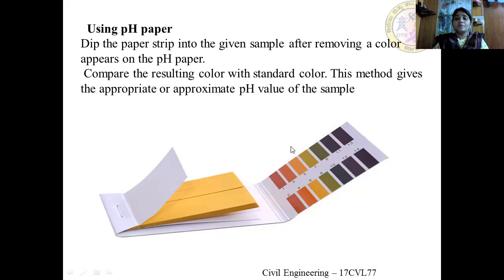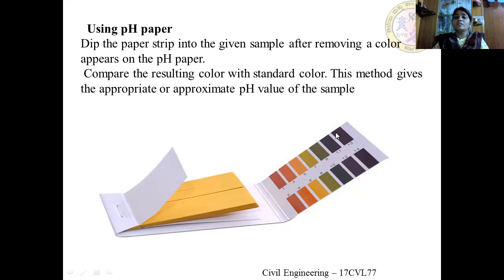Sometimes a person's vision may also vary. I may say it is matching pH 11. Some other person may say, no, it is pH 13. So there can be a situation where we may not agree on the pH value.